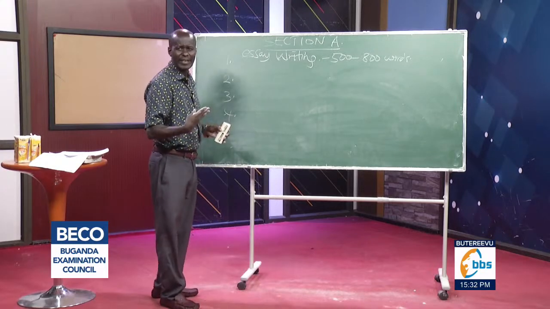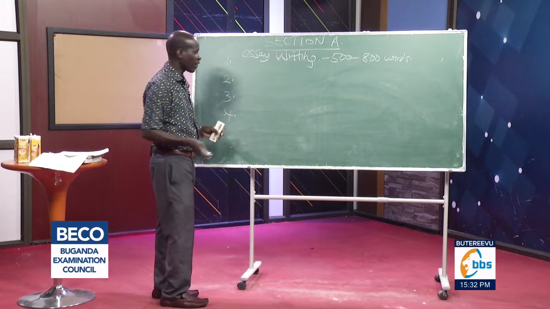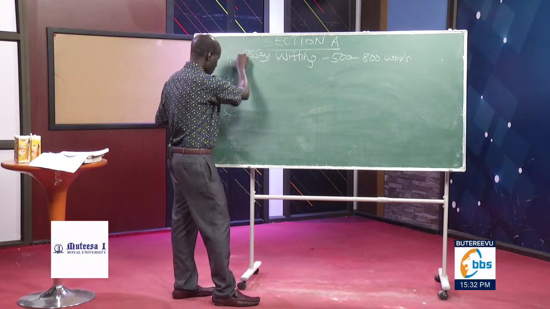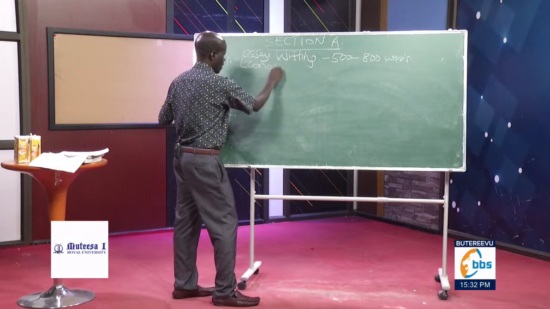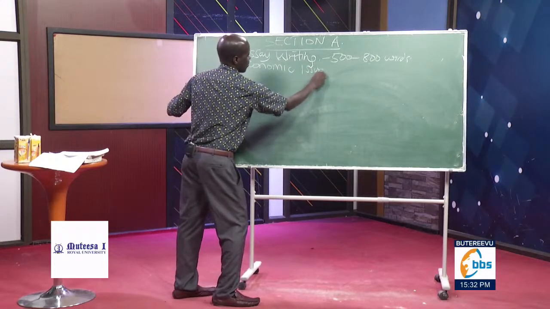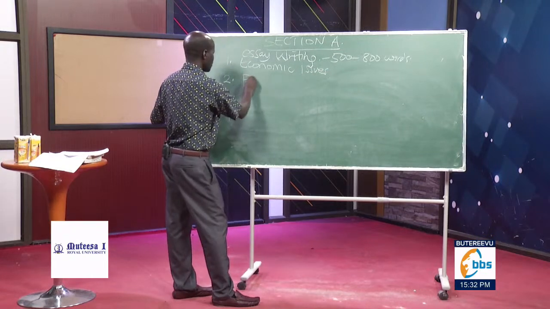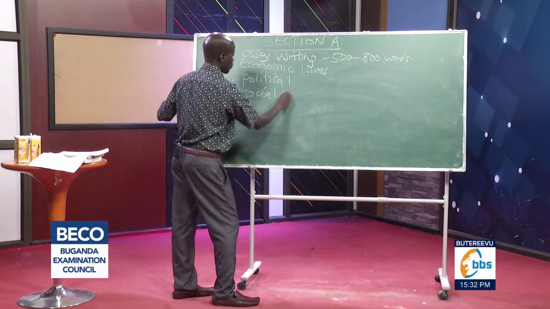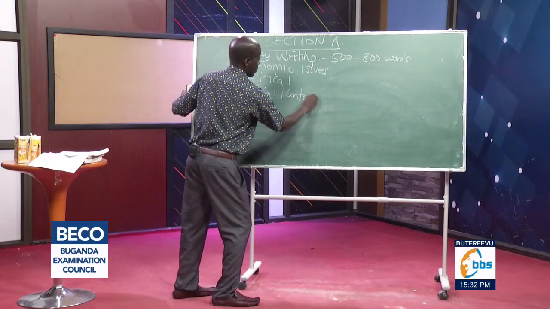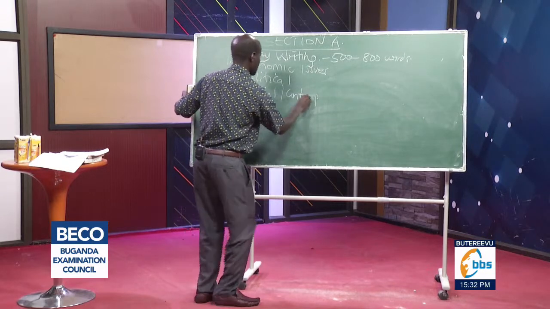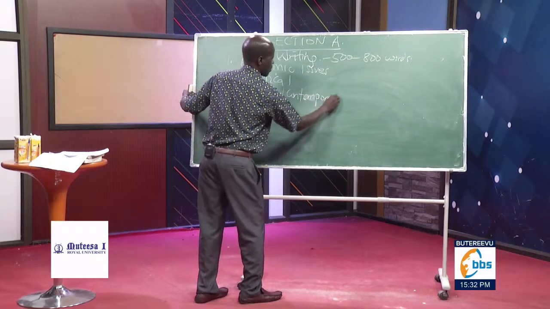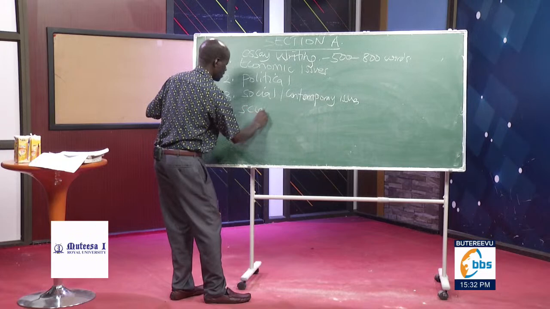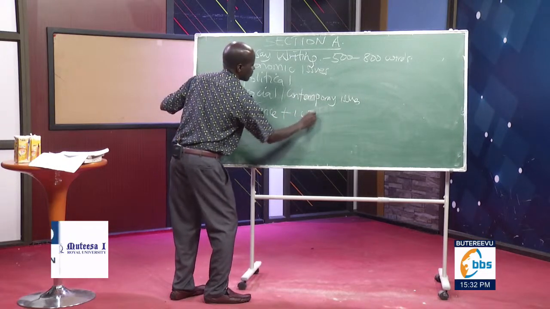These questions are set following a certain criteria. The thematic areas are: we have economic issues, we have political, we have social stroke contemporary, and then we have science and ICT.